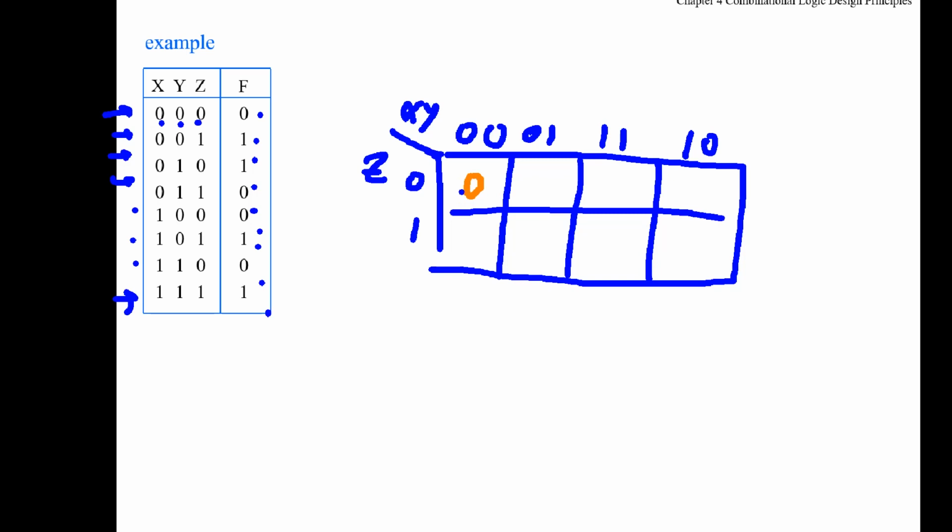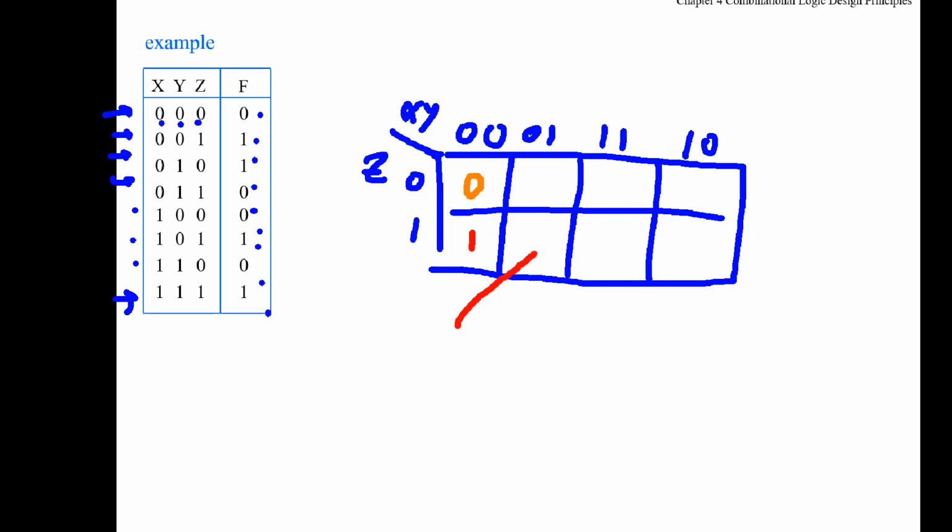For this cell, the corresponding input is 0, 0, 0, and output is 0. And for this cell, the input is 0, 0, 1, output is 1, so you write 1 here.